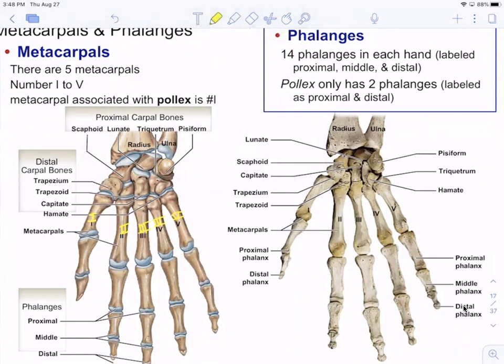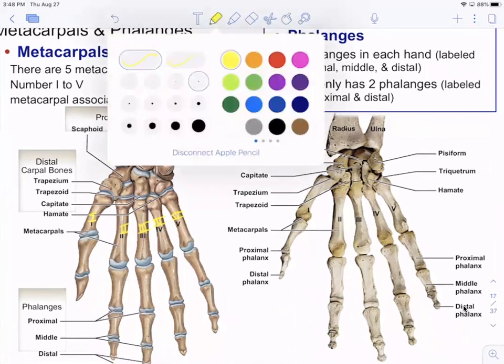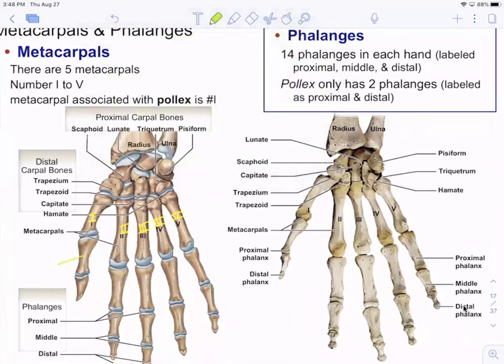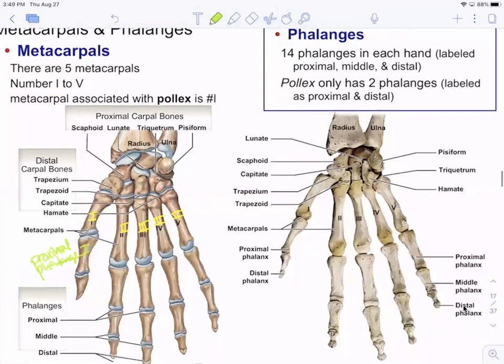And phalanges are the same, except we now add in proximal and distal. So this is going to be proximal phalange 1, and this is proximal phalange 2 and 3 and so forth.